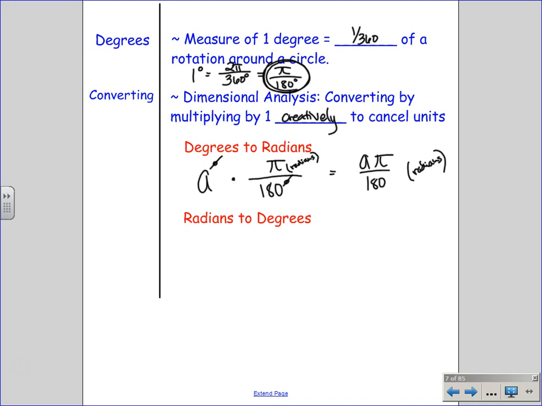So what if they were to give me something like B? I had to convert. B what? Radians, because it's not there. If it was degrees, what would need to be there? A degree mark. So if it's B and there's no degree mark, it's understood to be radians. So what would I multiply by?